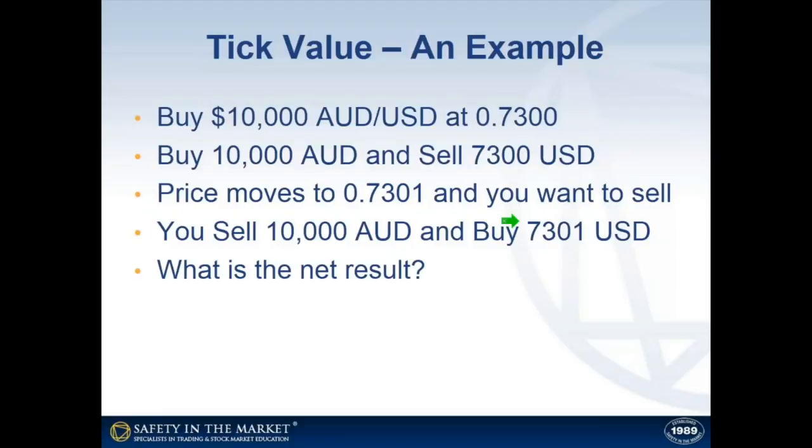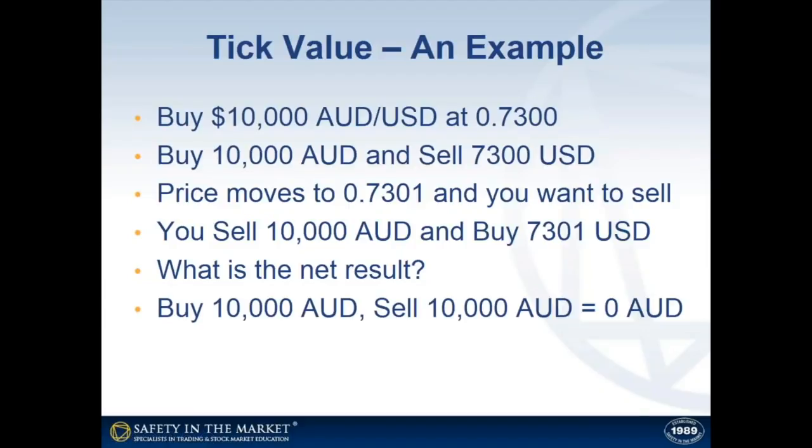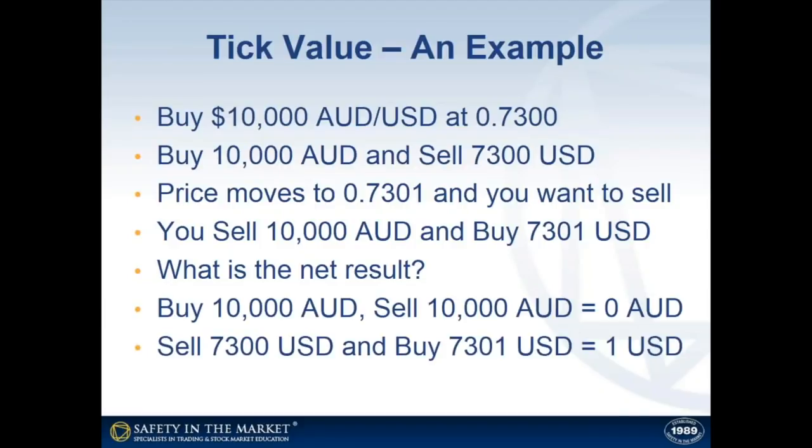Okay, just take this off the screen. So what's the net result? You buy 10,000 Aussie dollars, you sell 10,000 Aussie dollars, you're left with 0 Aussie dollars. Okay, that one's fairly straightforward. You sell 7,300 US dollars and you buy 73.01 US dollars. What's the difference? You end up with 1 US dollar left over.